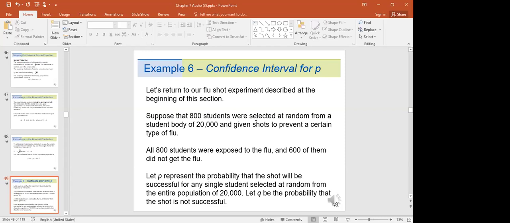Let p represent the probability that the shot will be successful for any single student selected at random from the entire population of 20,000. So p is the proportion of successful shots. Let q be the probability that the shot will not be successful. That is 1 minus p.